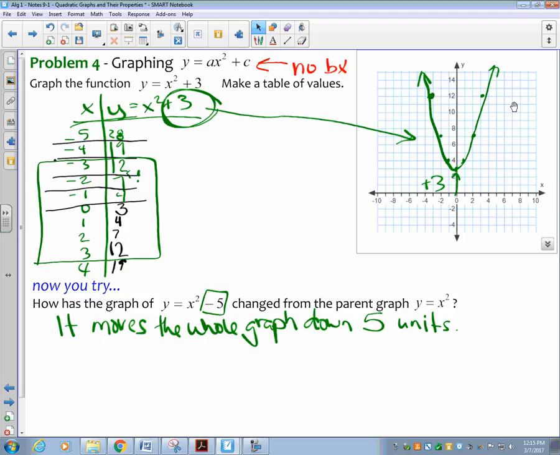So every coordinate from our parent function is now existing 5 units lower than it was before. It's at -5 now, if the parent function is always at 0. And then it's 5 down from there. Okay, so the whole graph moved down 5 units.